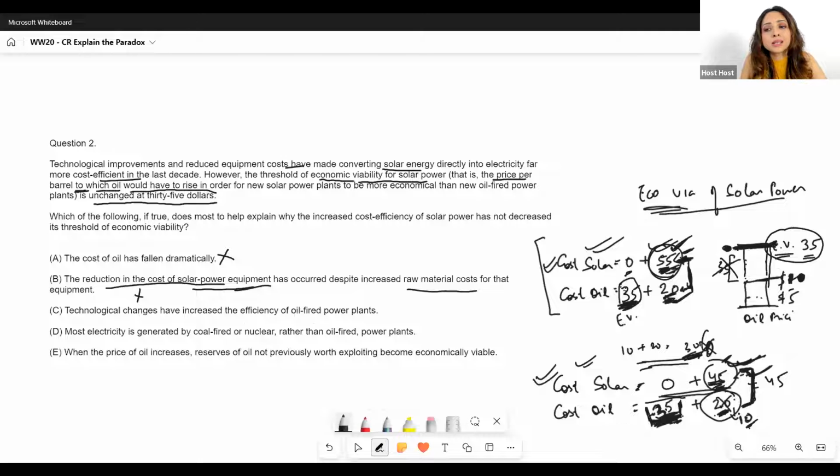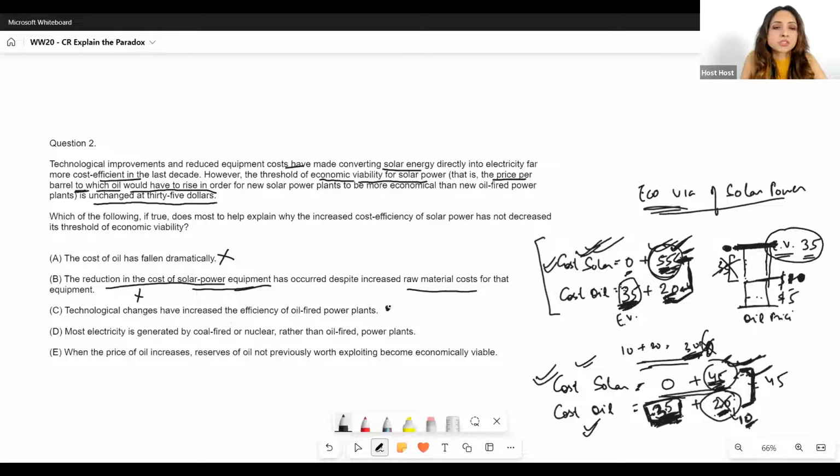Now, instead of 20, they cost only $10. They have also become more efficient. That is why my EV factor is still the same where it was. If solar became more efficient, oil also became more efficient. So I still need my oil to rise to a level of 35.